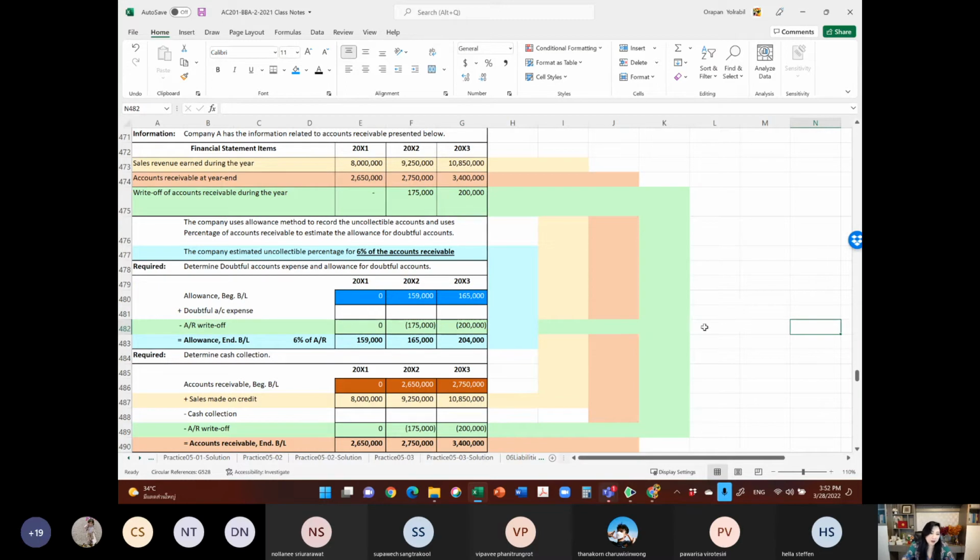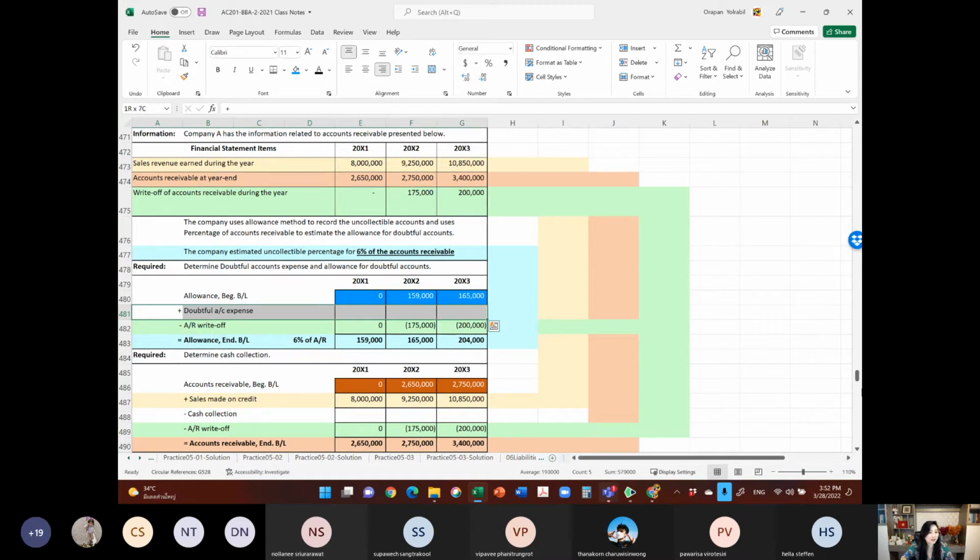Now, what I want you to do is, with this given information, would you be able to help me with this expense in year 1? How much is it for year 1? How much is it for year 2? How much is it for year 3?